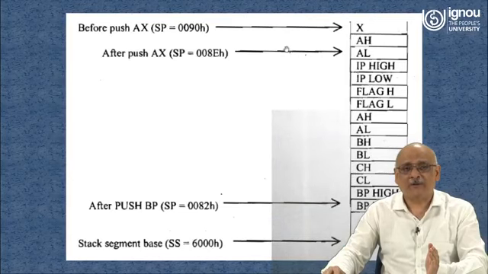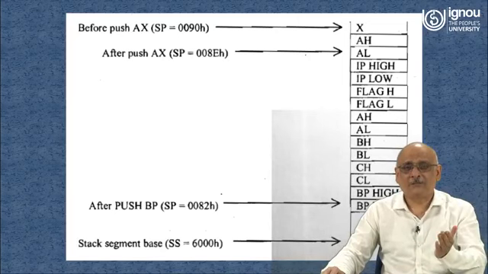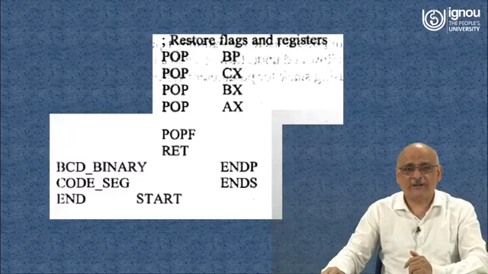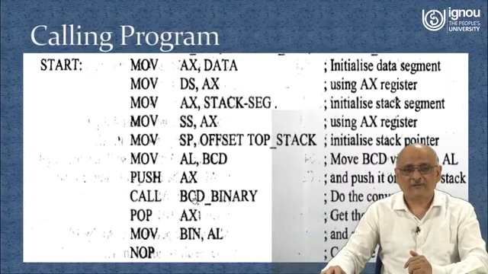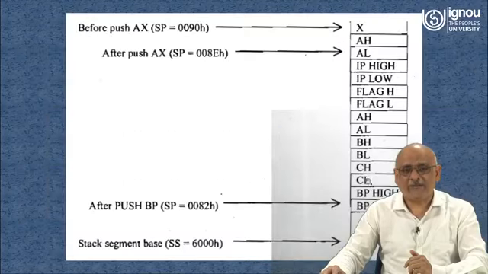So now wherever our stack is at this particular location, after the procedure terminates and you come to the return, the next statement which is going to be executed is pop AX, and pop AX will be referring to this AL and AH, and this AL value you have already modified. The parameter value has been modified.